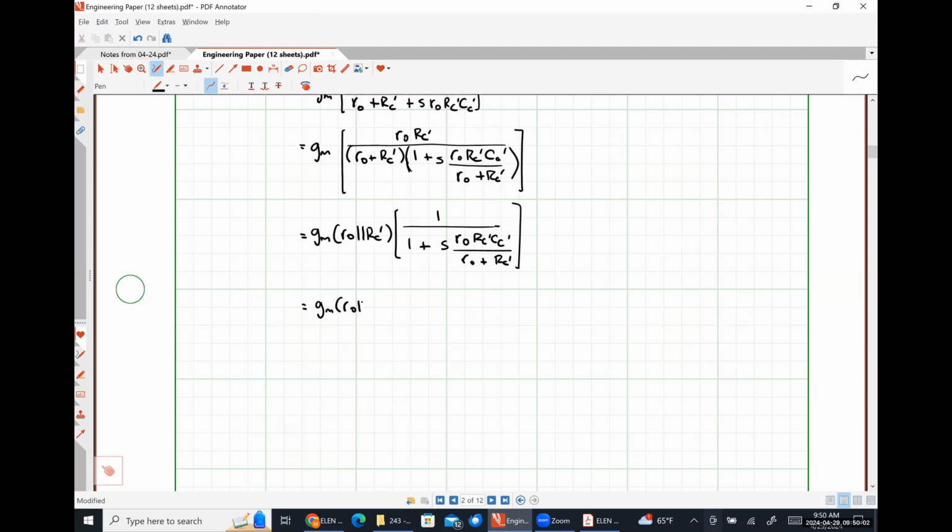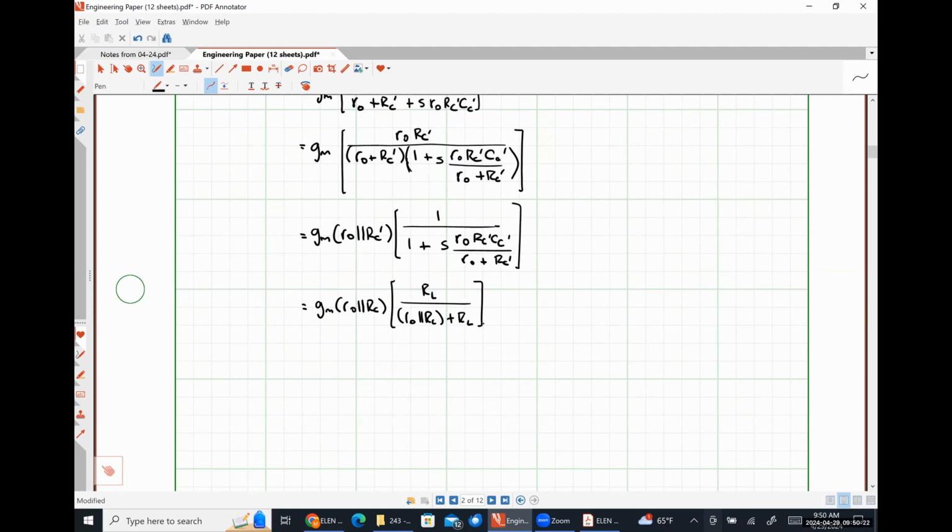gm R naught in parallel with RC times RL divided by R naught in parallel with RC plus RL.